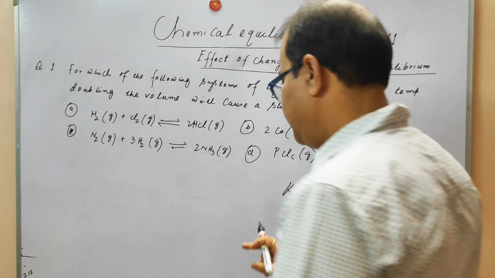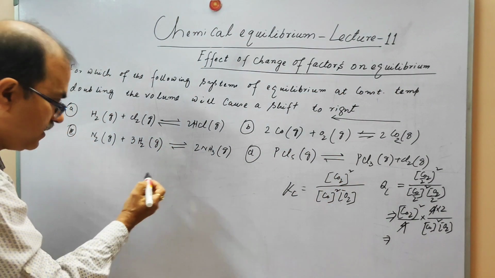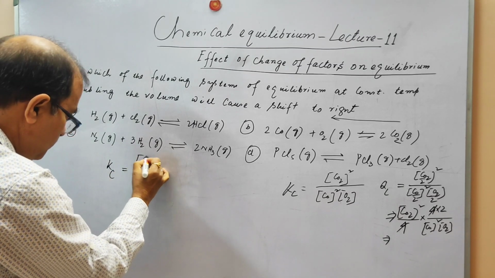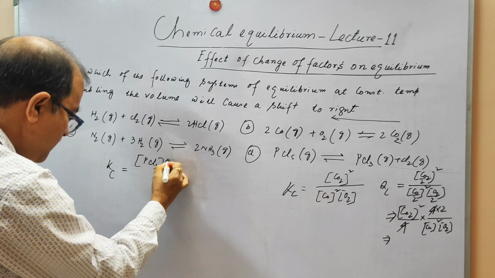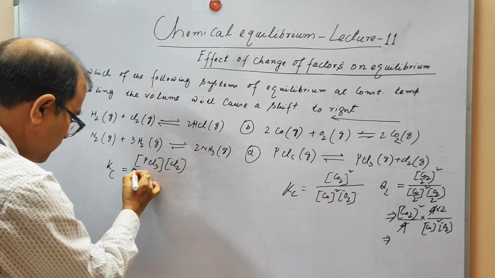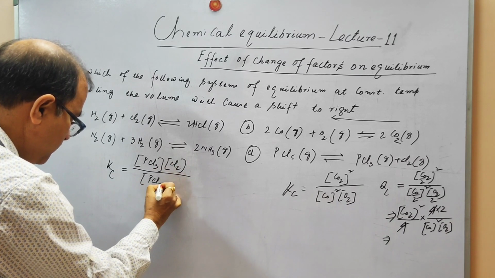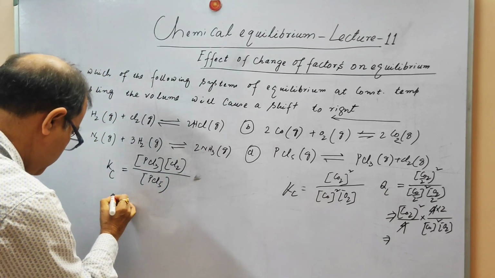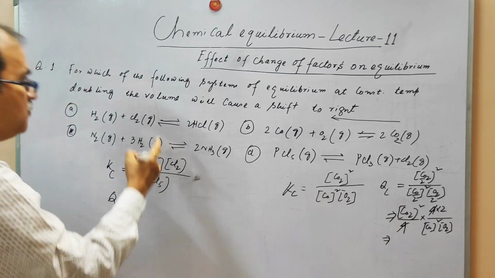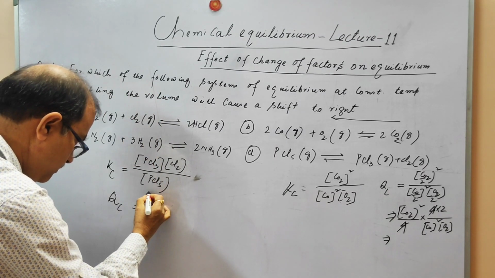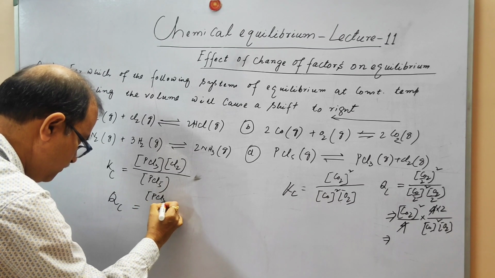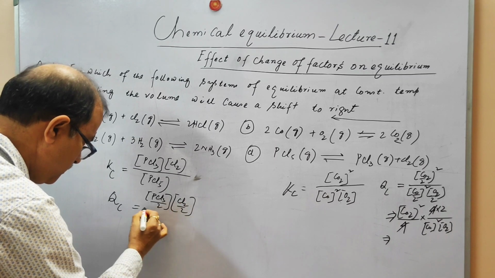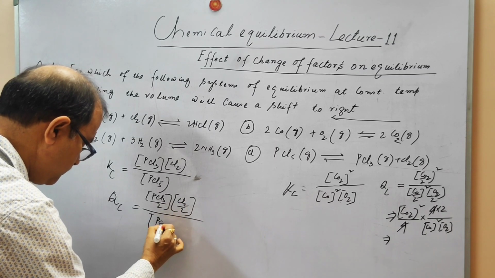Let us calculate the reaction quotient for option D. Here Kc is the concentration of PCl3 gas into the concentration of Cl2 gas, divided by the concentration of PCl5 gas. Now what is going to happen? When the concentration is reduced, each concentration becomes half: PCl3 is half, Cl2 is half, and PCl5 is half.